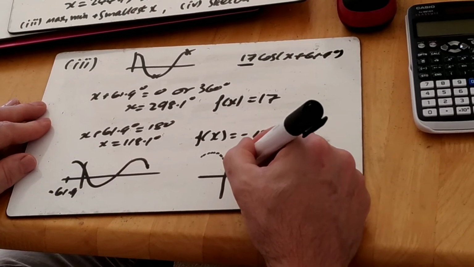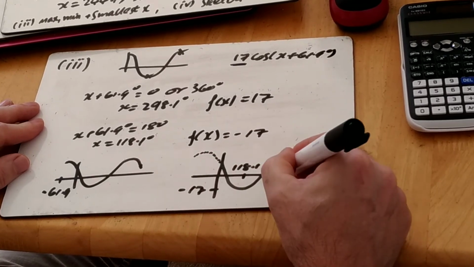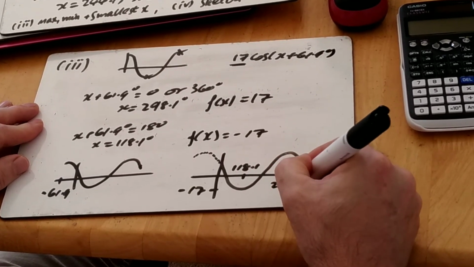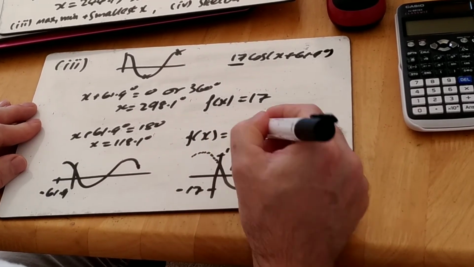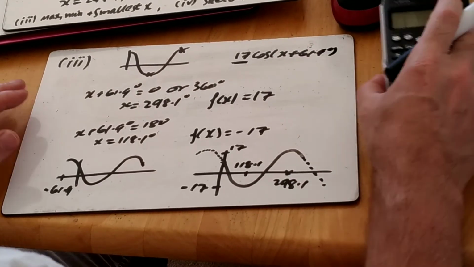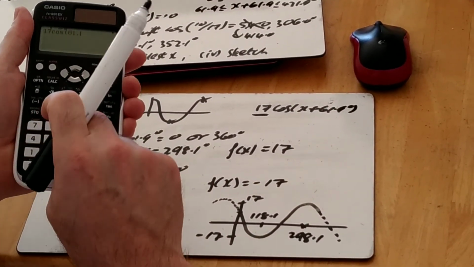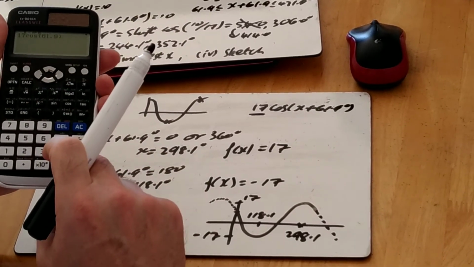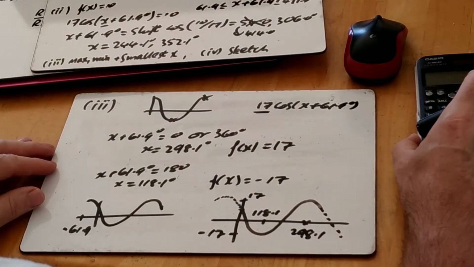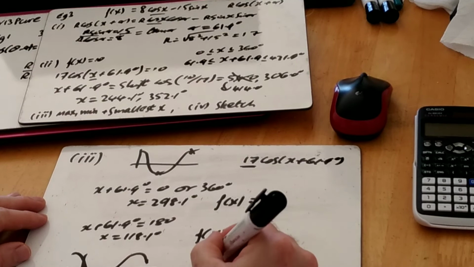That's at 118.1, minus 17. That one there is at 298.1, plus 17, and it crosses when x is 0 at 17 cos 61.9. Hopefully it should be fairly obvious when I think about it. Probably like 8. And you could have done that by sticking x as 0 into the original function.